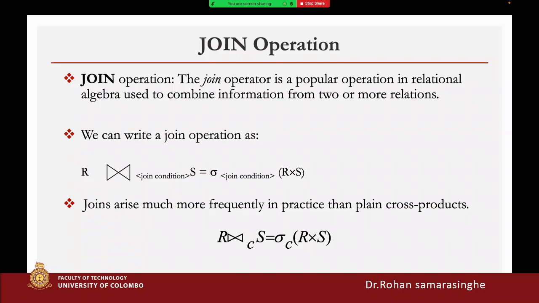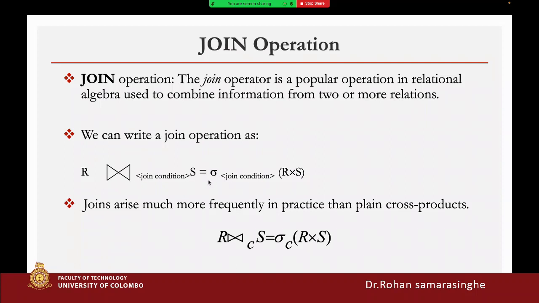So we can write the join operation as R join S. You have to give the join condition, which equals select join condition on R cross S. First get the R and S Cartesian product and then select the join condition.